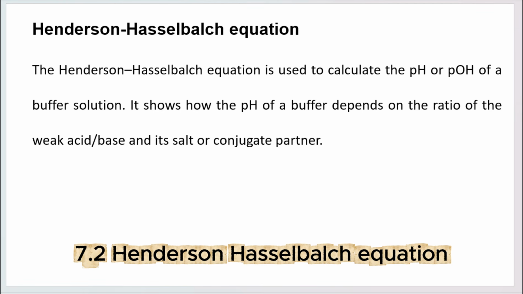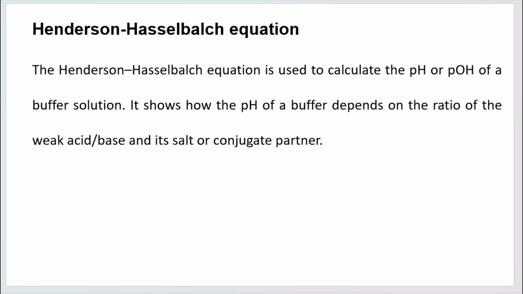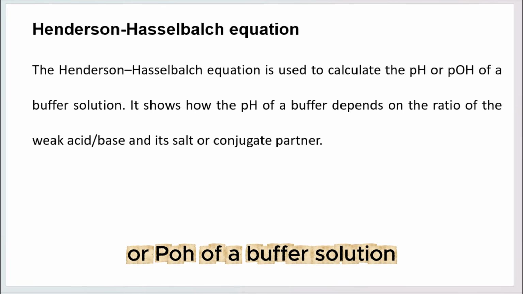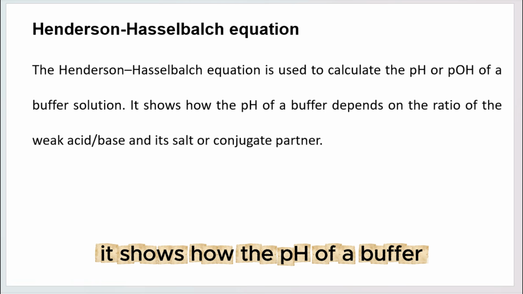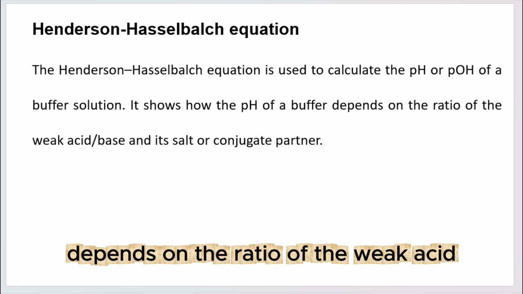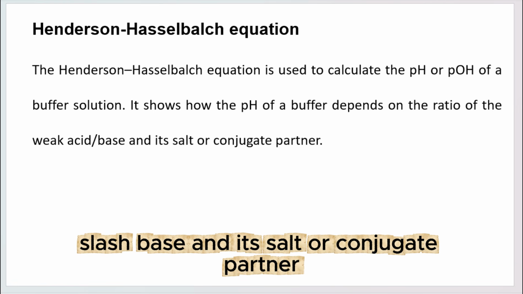7.2. Henderson-Hasselbalch equation. The Henderson-Hasselbalch equation is used to calculate the pH or pOH of a buffer solution. It shows how the pH of a buffer depends on the ratio of the weak acid/base and its salt or conjugate partner.